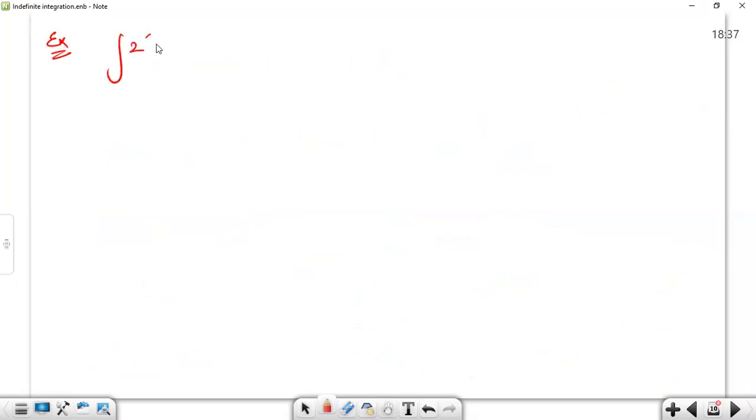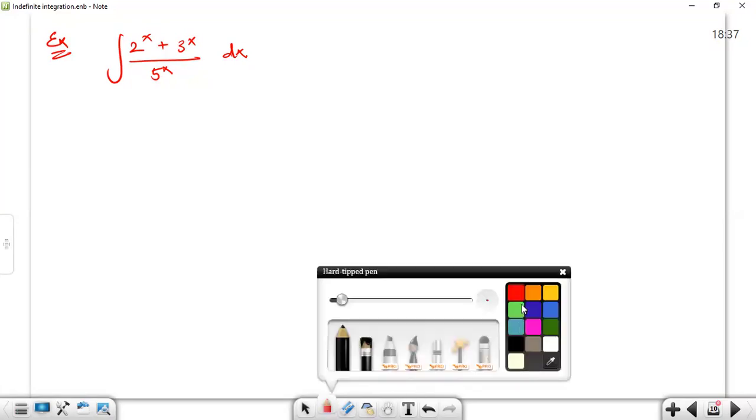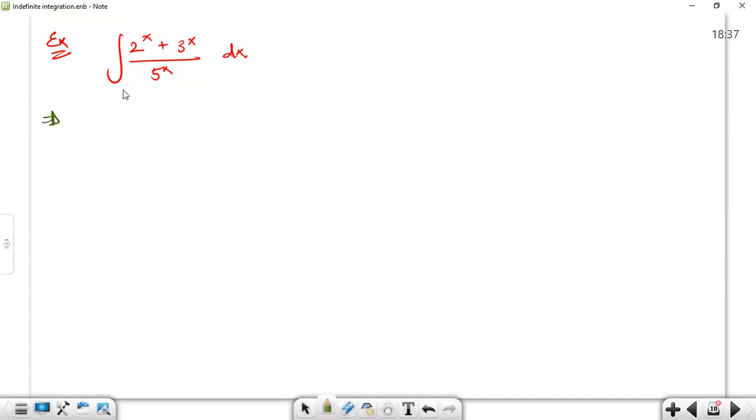Evaluate the integral of 2 raised to power x plus 3 raised to power x upon 5 raised to power x, dx. Okay, so this is our question, and let's first simplify it so that we'll be able to see which formula we can use. Divide and write it. Yes. We can write it like this, right?